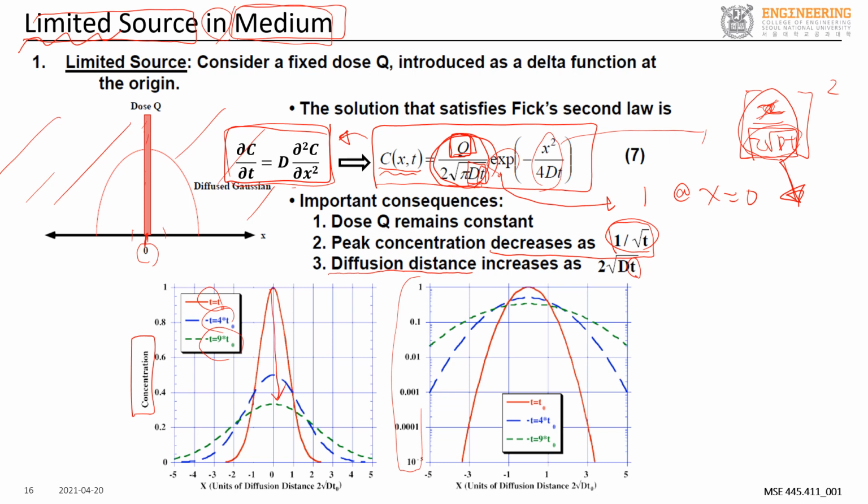So if you normalize it, you can see how wide the profile is relative to its peak, and this will be proportional to this term, the diffusion distance.